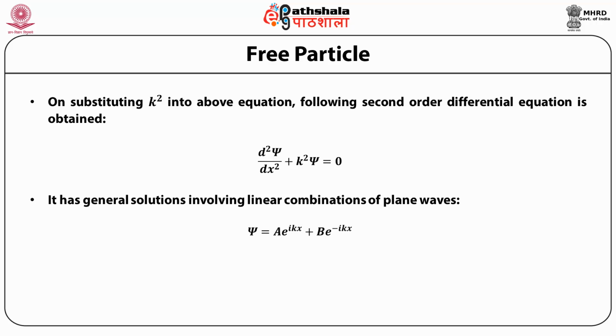It has general solutions involving linear combinations of plane waves, that is psi equals A exponential i kx plus B exponential minus i kx, where A and B are constant coefficients which can be determined.